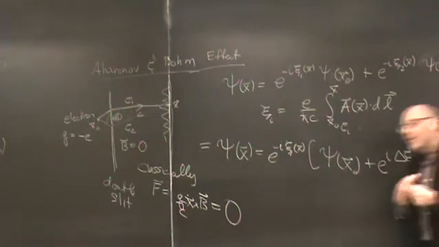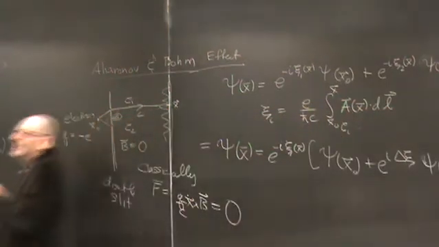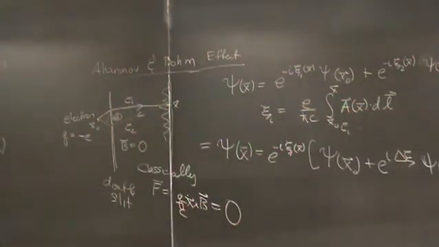But in the early to mid-1980s, when mesoscopic 2D electron gases in materials were being developed, thin films and things like that, an experiment was done. There's a famous experiment from Tonomura, which let me show you.